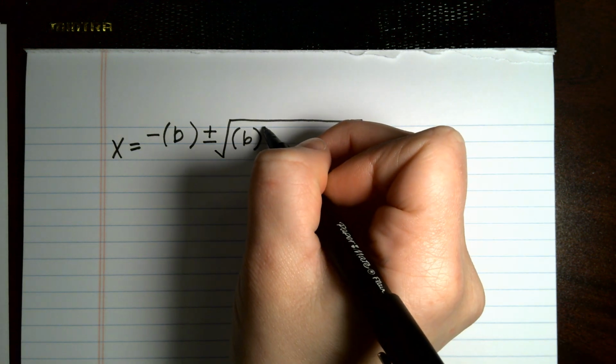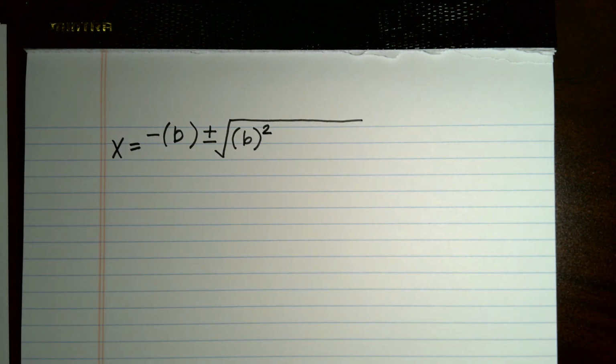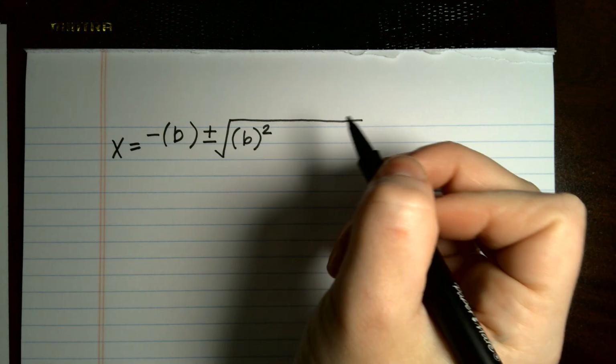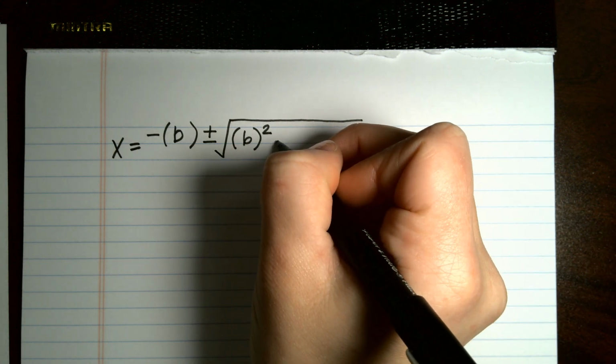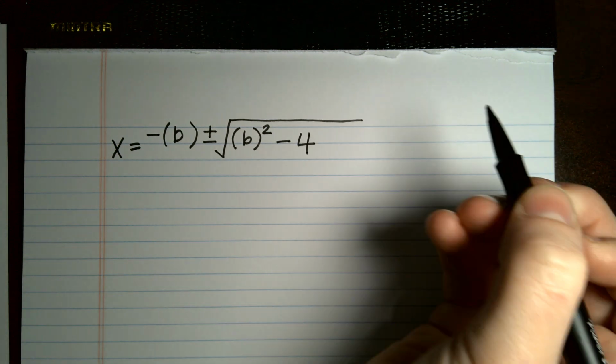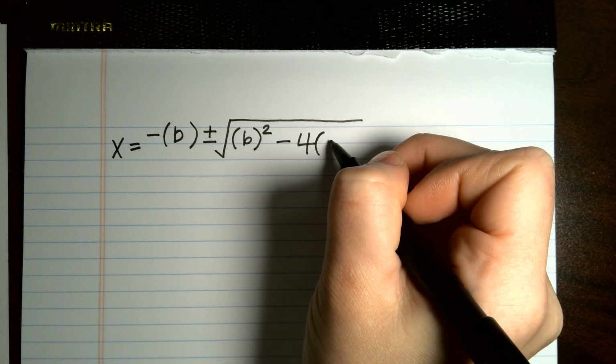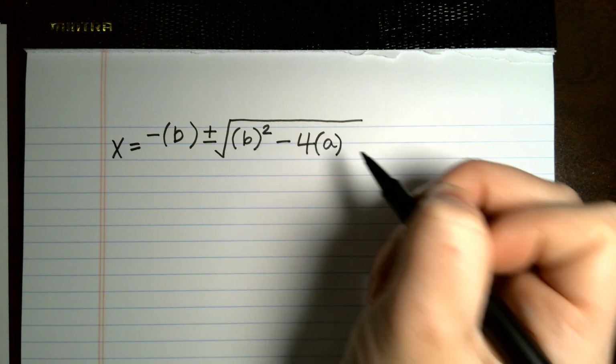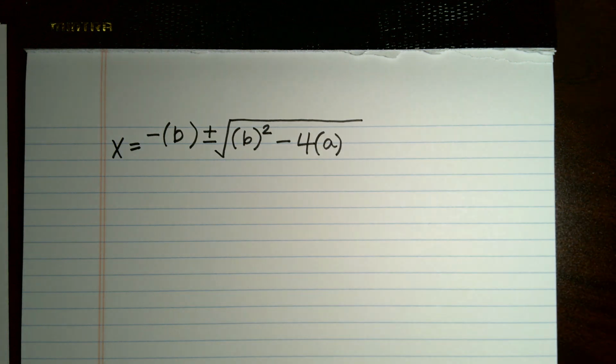And that b is going to be squared. We're going to take b times b there. That's all that means. B squared is b times b. After that, we're going to have minus 4 times a in parentheses.